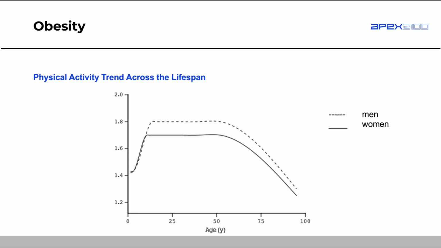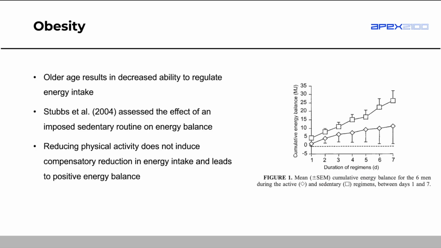And then from around, let's say, 60 years old, we have this decrease. We return to this sedentary lifestyle at older age, and that's due to many reasons. We might have joint pain and injury that prevents us from doing things, so there's plenty of different reasons why physical activity might decrease as we get older, but this is the general trend in the population, that this decrease does happen from around 60 years old.